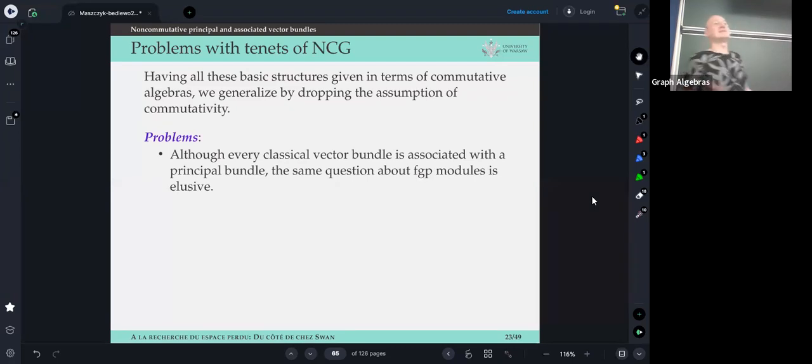Nobody succeeded in constructing an analog of a non-commutative principal bundle of frames for a given finitely generated projective module.